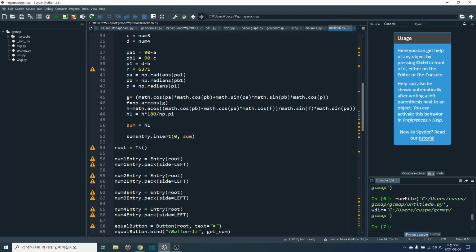And also after measuring the distance from A to B, we can calculate the angle of A, the initial angle.